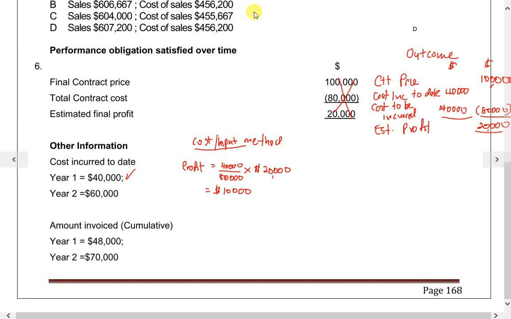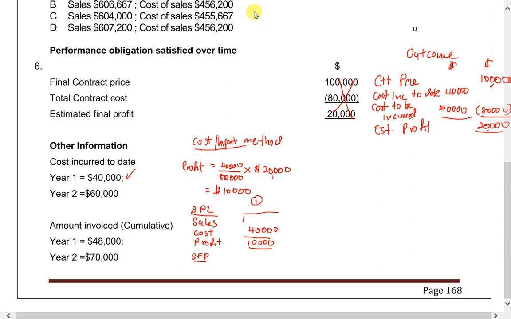So SPL. Later we have SFP at the bottom. SPL will be sales, cost, profit. Year 1. What is my cost? 40. Profit? 10.